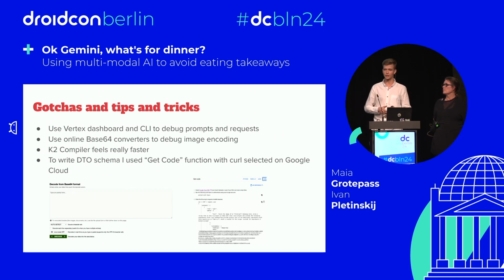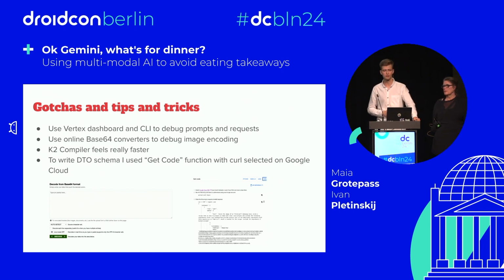So test your hypotheses, your ideas on the Vertex dashboard, and only then start engineering. You can use command line interface to fire curl requests and debug your requests and responses from the Vertex AI, because I noticed some kind of lack of documentation.